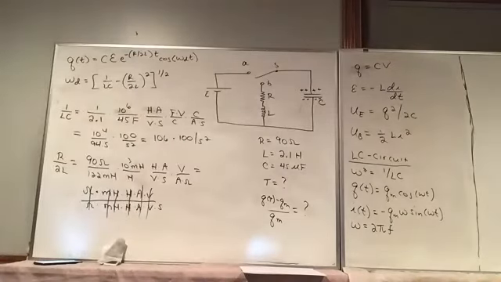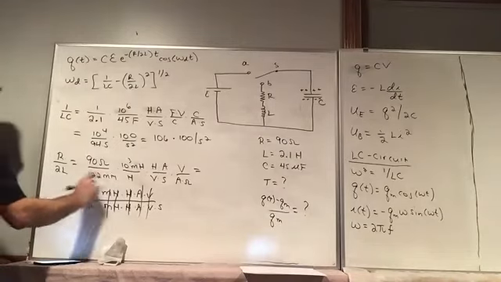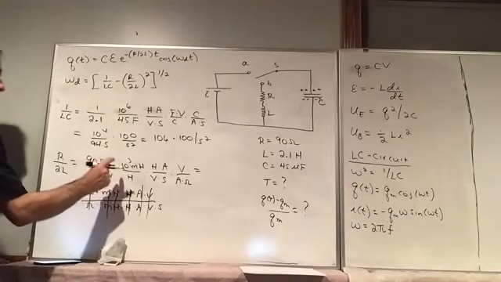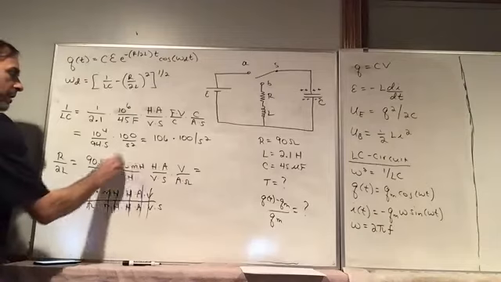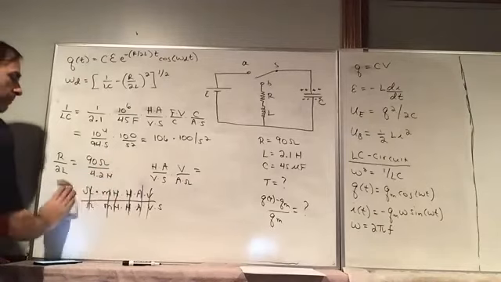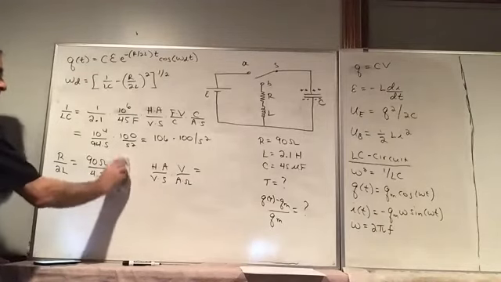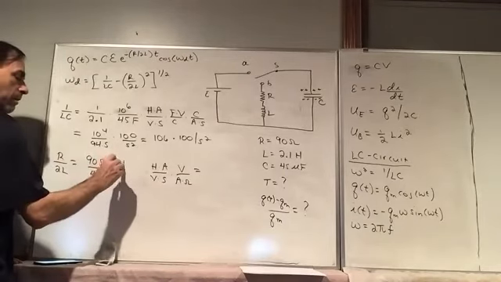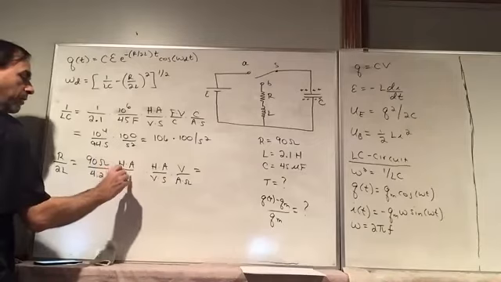Now R over 2L, let's change that number. This would be 4.2 henries. We can get rid of this conversion factor entirely. We save some room as well. Henry times amp over volt times a second.